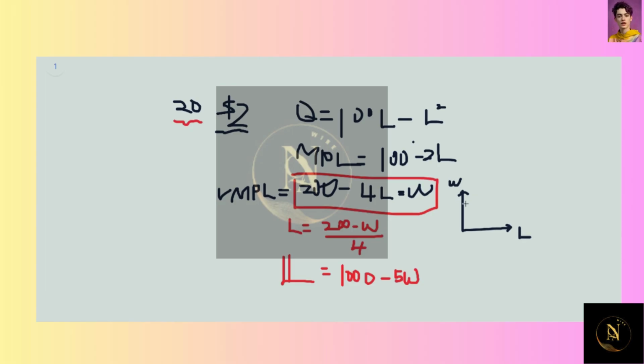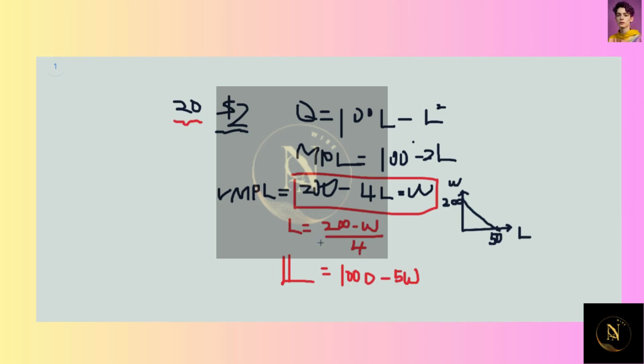So when the wage is 200, this firm is willing to hire 0 labor, right? And when the wage is 0, this firm is willing to hire 50 laborers. Okay, so this is the labor demand curve for one firm.